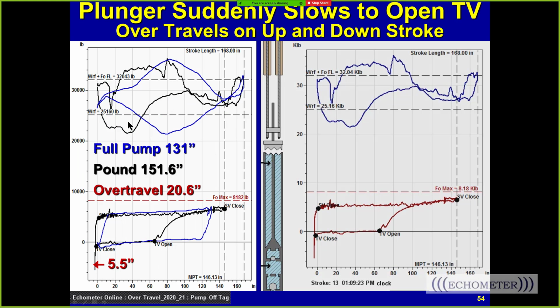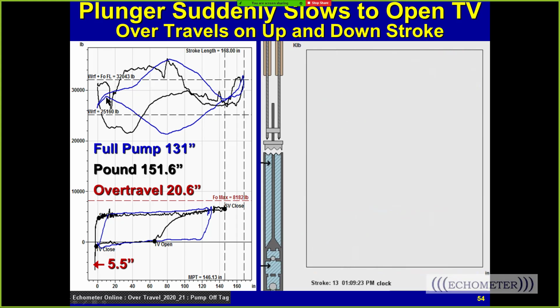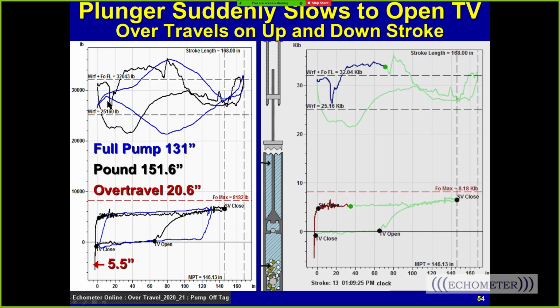If we look at the full card, which is this blue stroke, and compare the blue stroke to the pump off stroke, we can see that the blue card is close to zero, and the pump off tag is about 5 inches deeper in the stroke. So just a little bit, if you're spaced out close, just a little bit more downward over travel, and you're going to cause a tag.